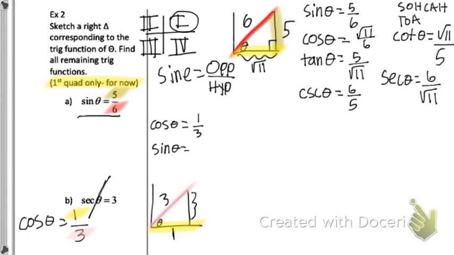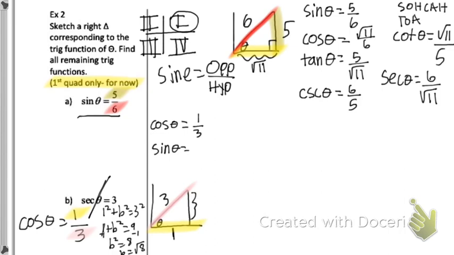For the Pythagorean theorem, to find that side, we do 1 squared plus b squared equals 3 squared. So 1 plus b squared equals 9. So you subtract 1 from both sides, cross that out. So b squared equals 8. So b equals square root of 8.